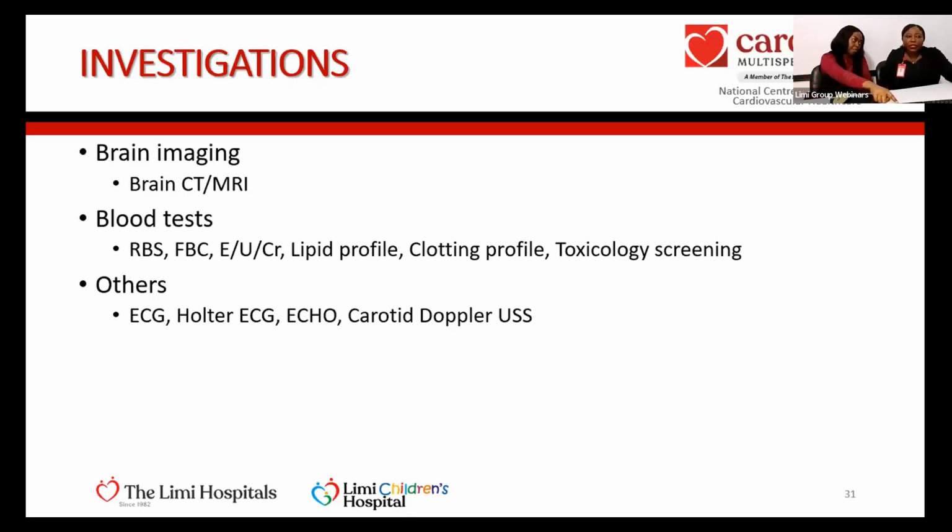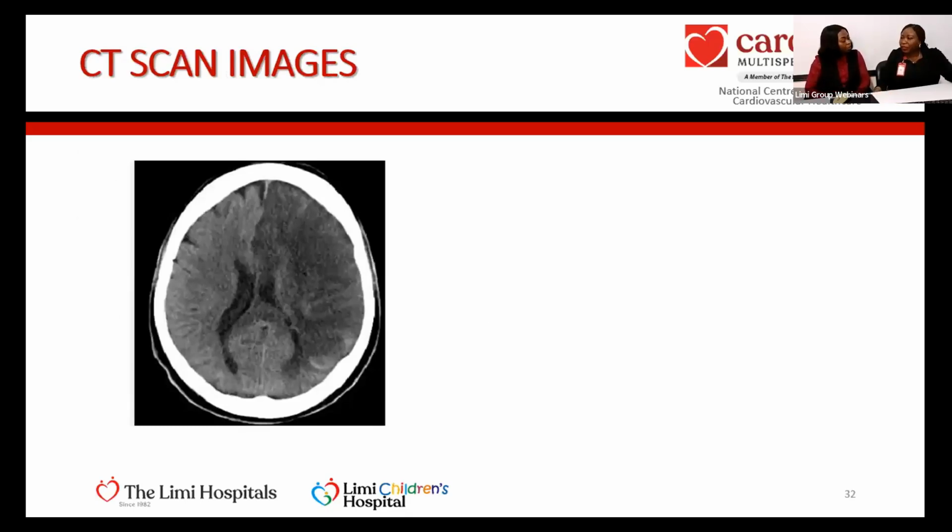So all these tests are very important, and they should be done as soon as the patient presents. So for anybody presenting with stroke, regardless of whether they have murmurs or whether you're thinking it's cardioembolic or not, we must always do that Holter for them, because that could just be the key. Because when we do ECG, it's just for a few seconds. But the Holter runs for either 24 hours or 48 hours.